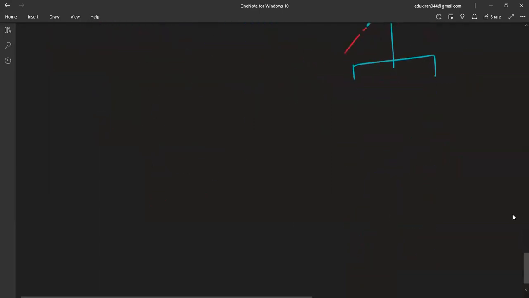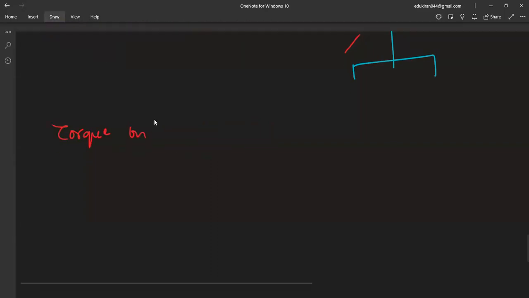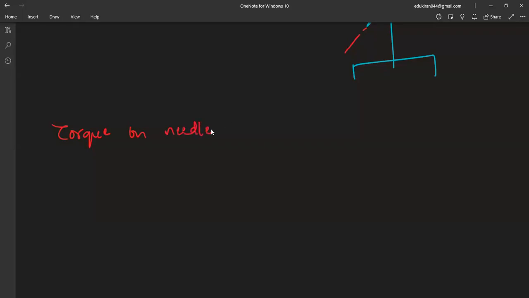Now see, when I say B naught, that is the magnetic field at the center. Two magnetic fields are there, right? The magnetic field which is present at the center, B naught, and the horizontal component of magnetic field, BH. When I calculate the torque on the needle due to B naught, that is the magnetic field which is produced at the center, I told you 90 minus theta will be existing.